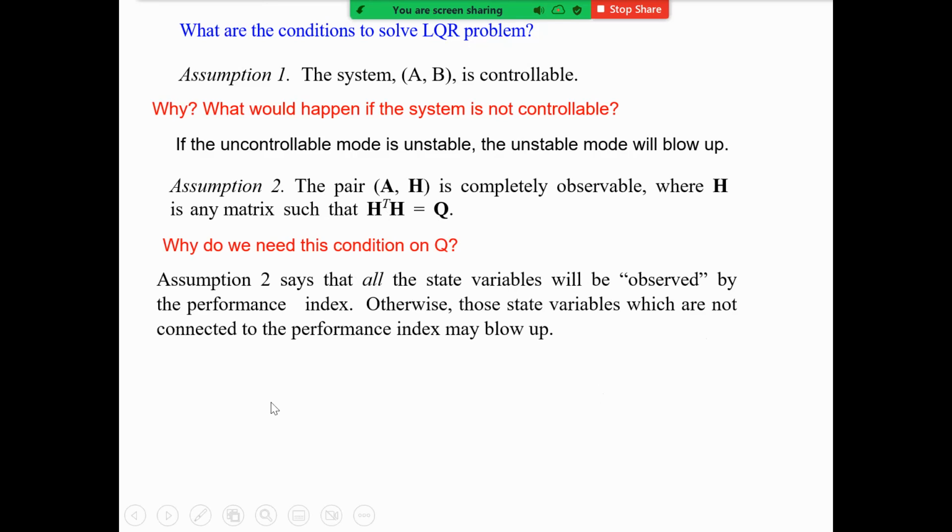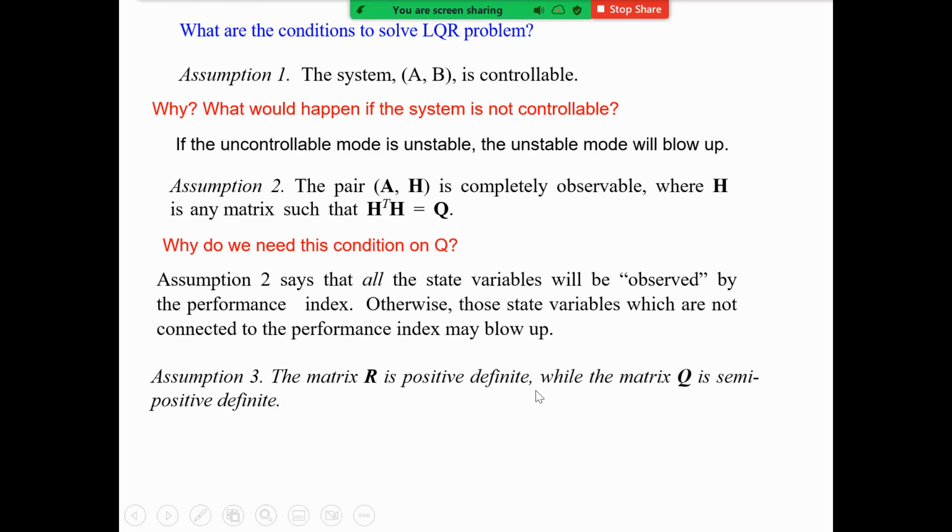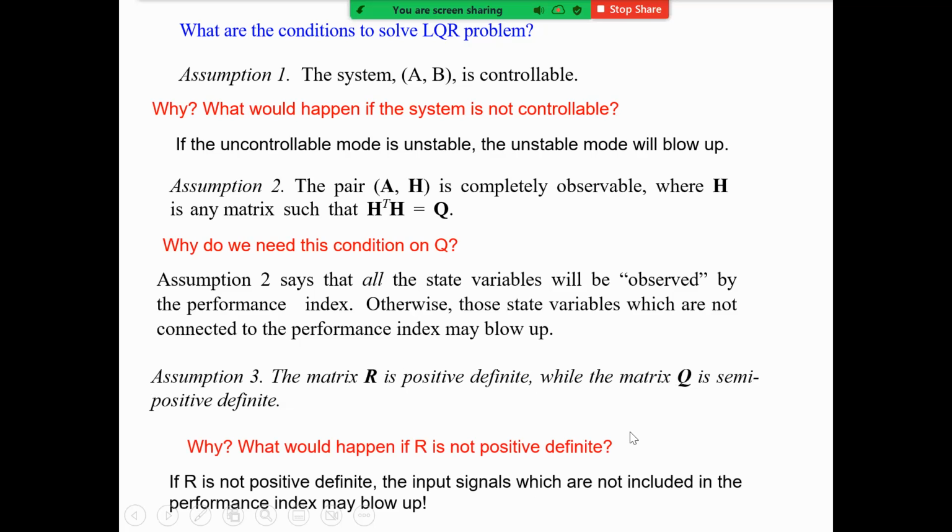Okay. Then the third condition is that the matrix R has to be positive definite, while the matrix Q is semi-positive definite. So what would happen if R is not positive definite? It means some of the inputs may not be considered in the cost function, and then the value of those inputs may also go to infinity if you try to minimize the cost function.